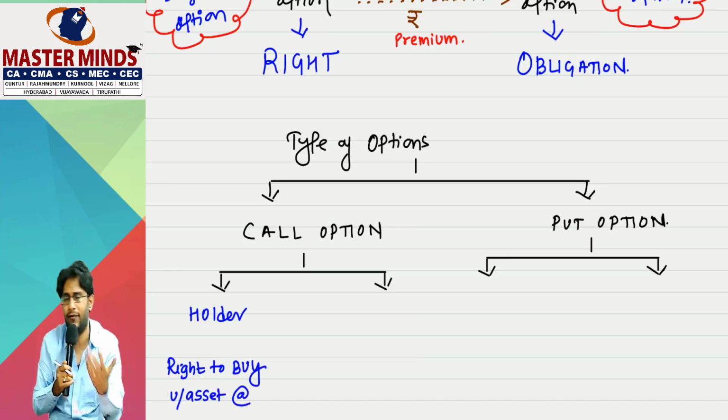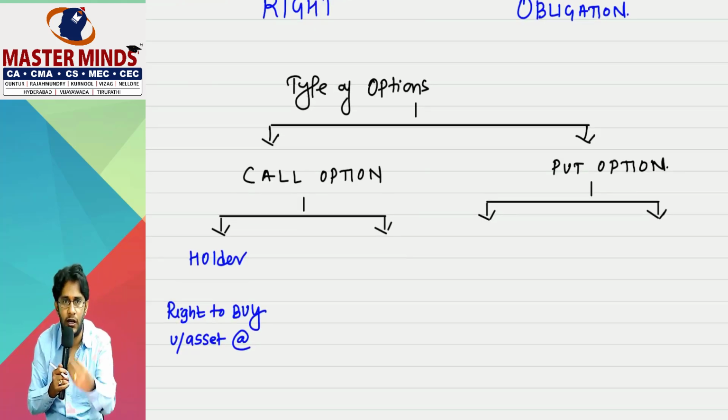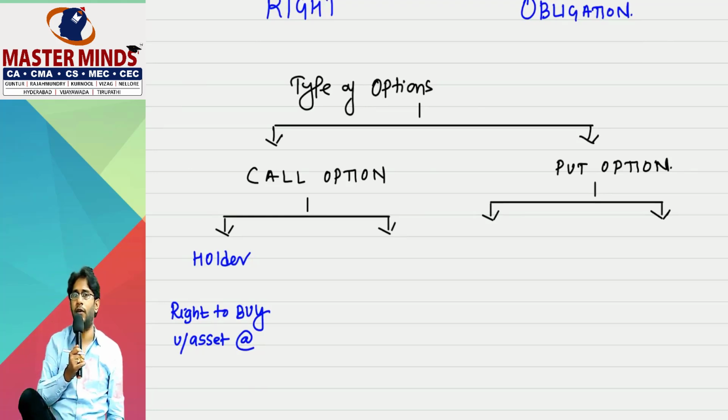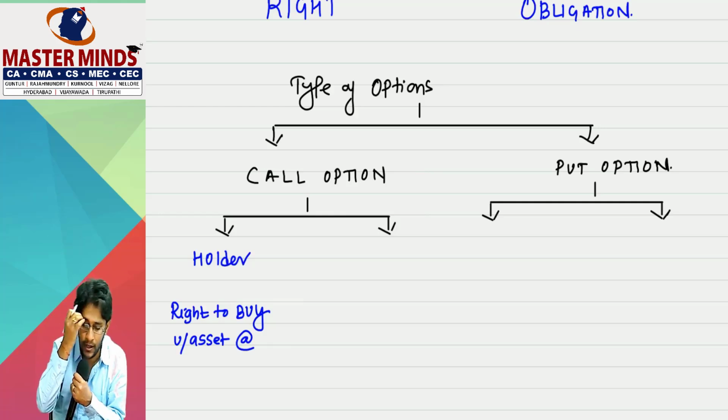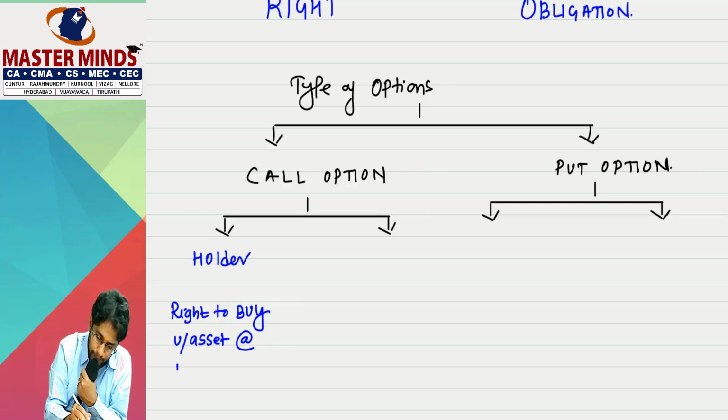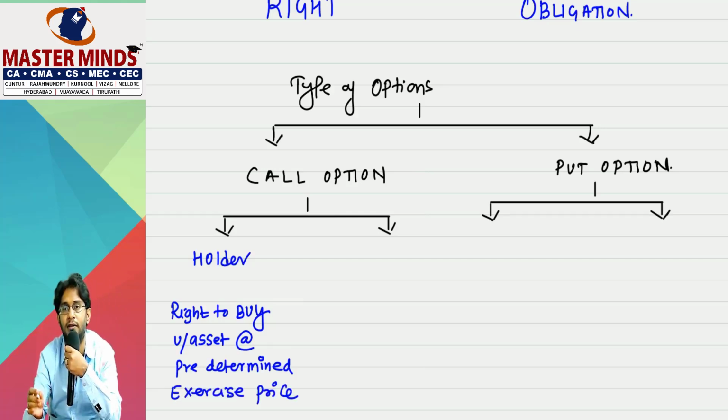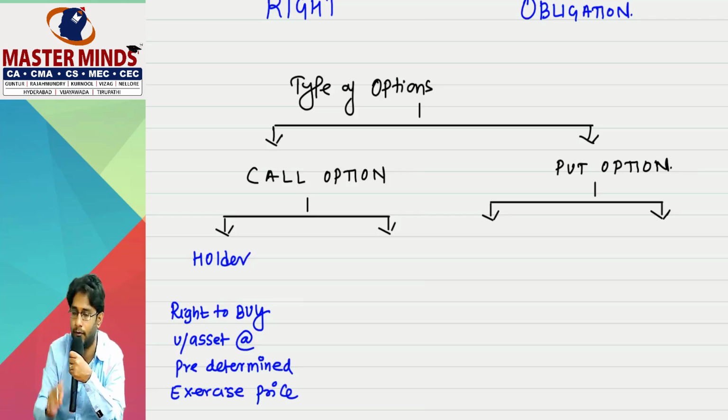Whatever they have agreed, let it be copper, gold, an equity share of Infosys, a currency, anything you people agree, you have a right to buy at a predetermined exercise or strike price. The price is already decided. At that price, if you want, you can buy.